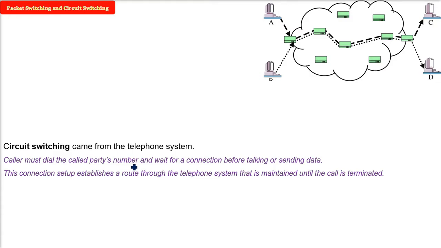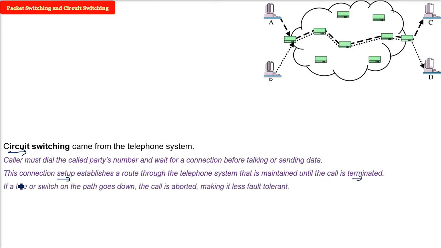And when he picks up the call, now a permanent connection is established, right? This is the single route I'm talking about, and this route or connection will be maintained until the call is terminated by either of these two.